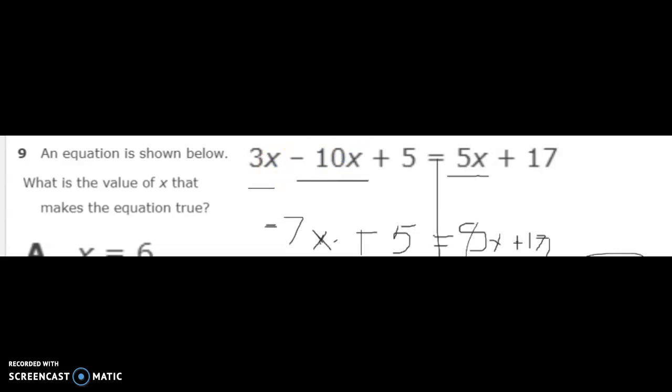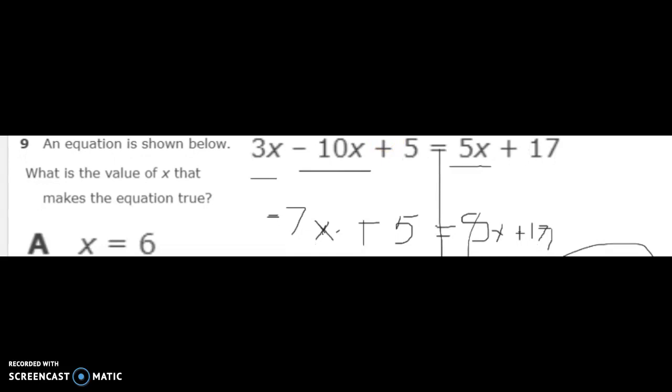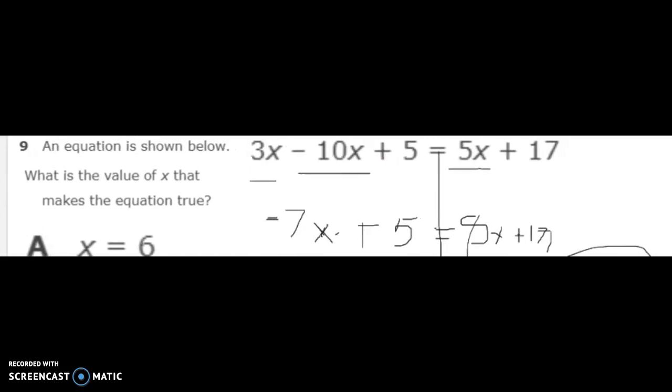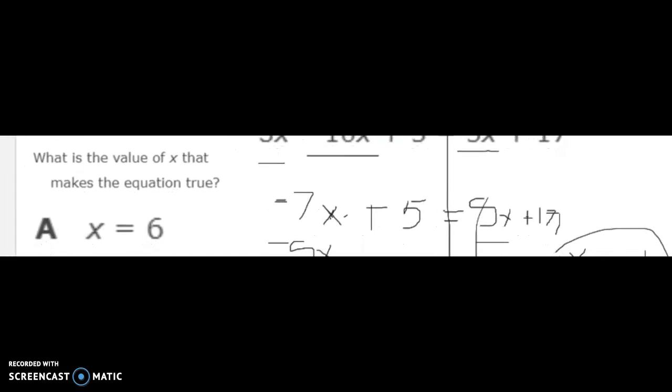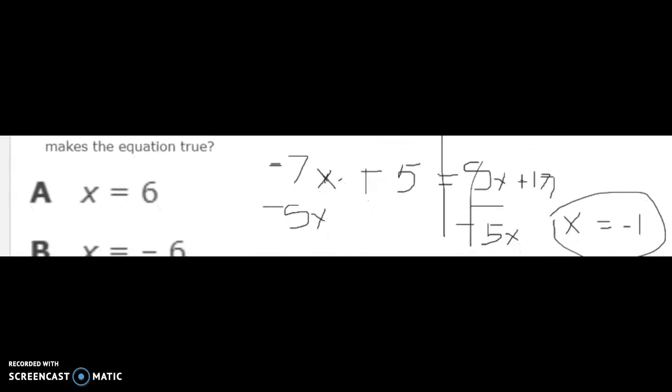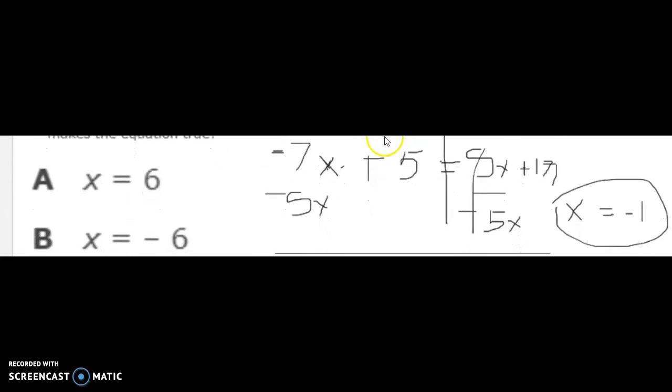So 3 minus 10 is a negative 7, so that's how she got negative 7x. She brought down her plus 5, the equals, the 5x plus 17. Then she subtracted 5x from both sides. So minus 5x minus 5x. Notice how she lined it up with this negative 7x, because those are like terms.